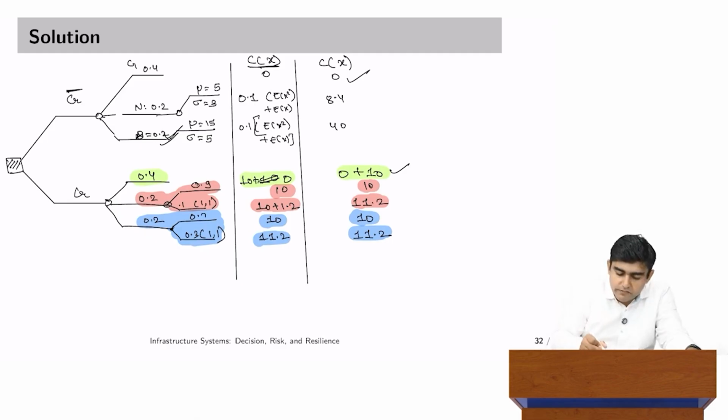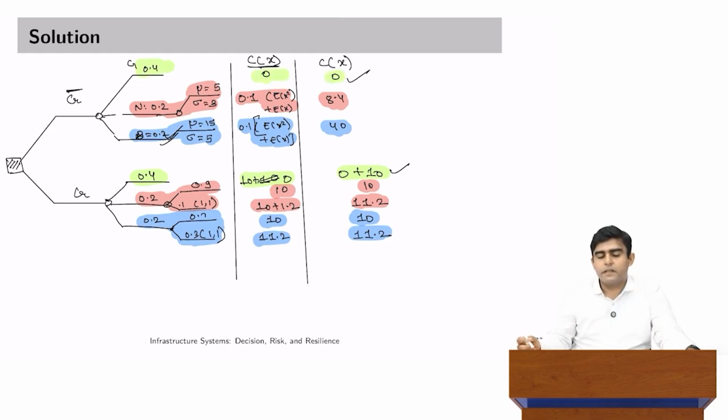So, to avoid any confusion, I will do that. So, again all bad being rainy I am covering in blue, here I am covering the middle branch again with red, and all good I am covering with green.